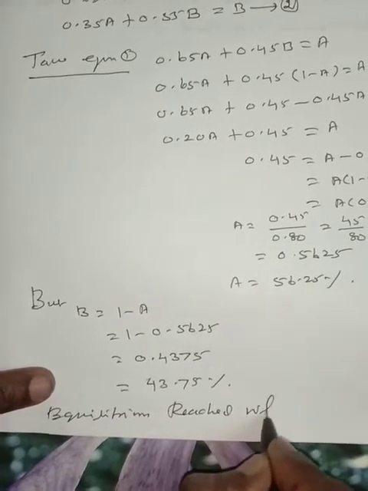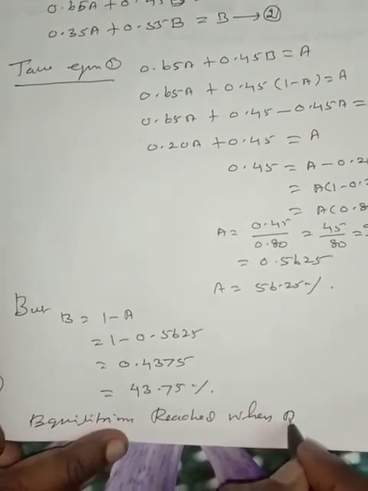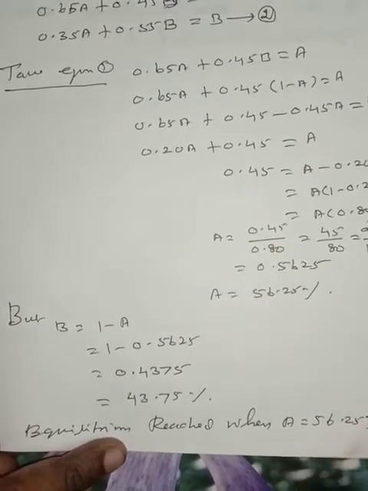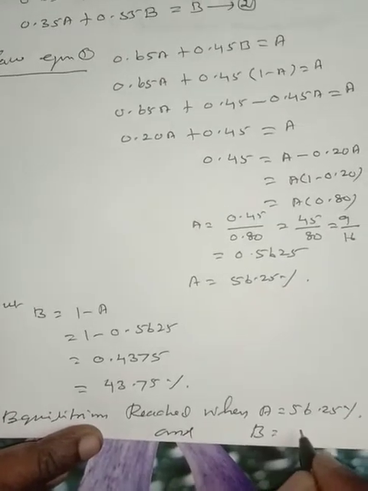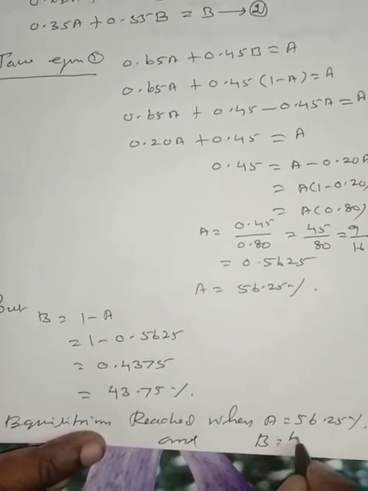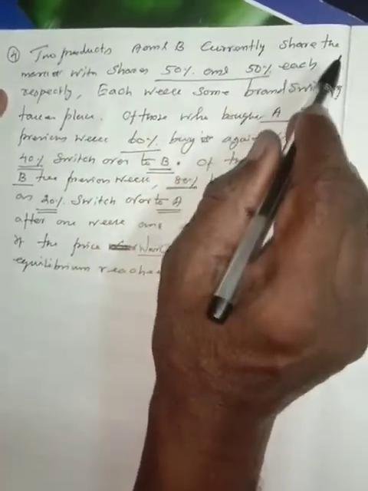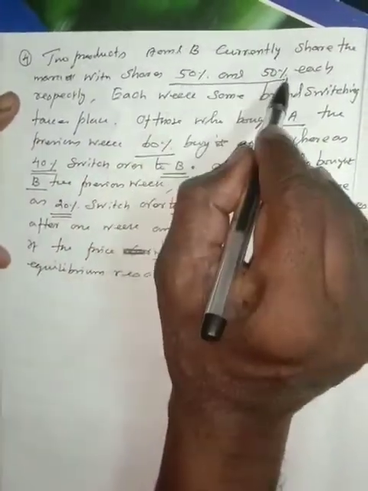When A is equal to 56.25% and B is equal to 43.75%, A and B currently share the market with the shares 50% and 50%.